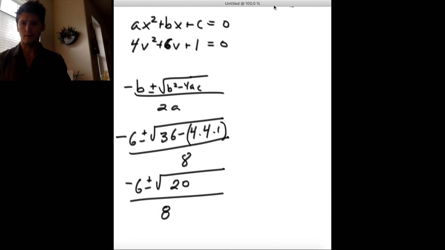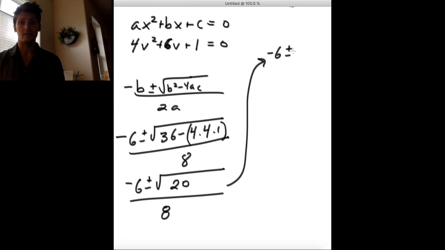So here, I'll do this up here. I could reduce this, but instead of reducing it, let me first write it this way. Negative 6 plus or minus. I'm going to write the square root of 20 as the square root of 4 times the square root of 5, which you can do. Maybe the intermediate step is 4 times 5 under the radical over 8. And then you can write that as negative 6 over 8, breaking it up.